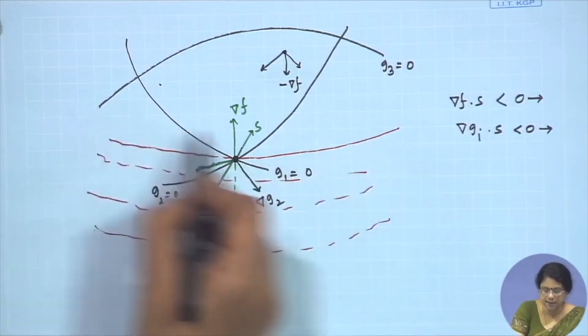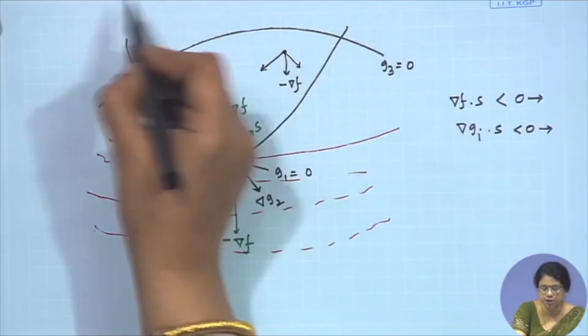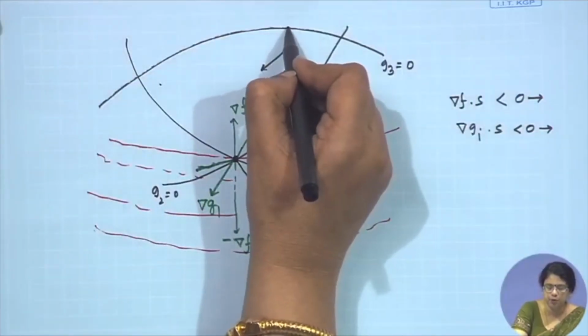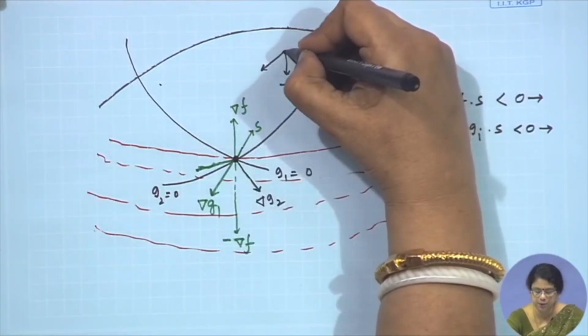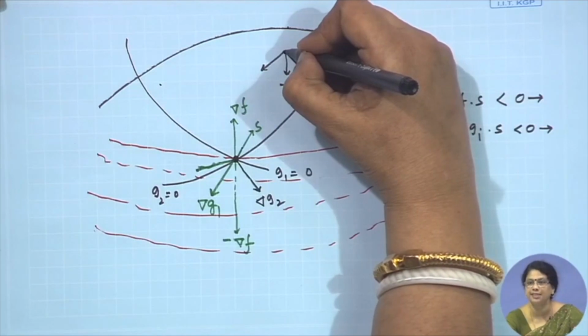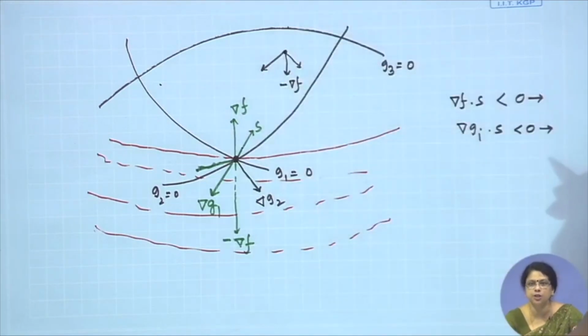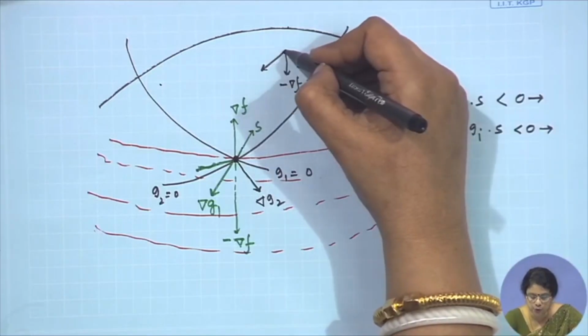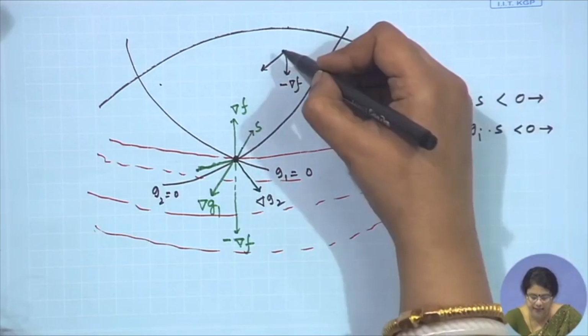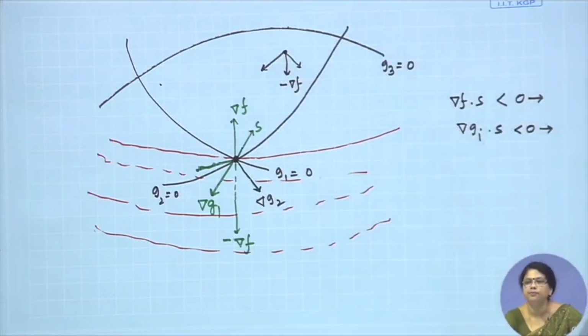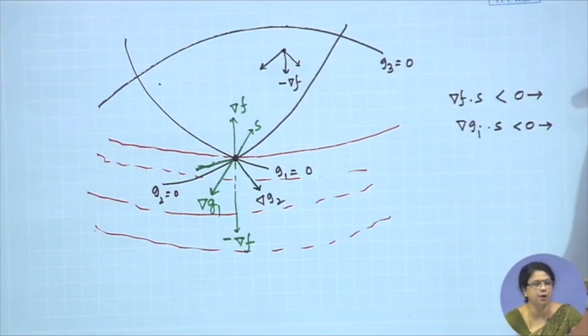If this is the level curve of the objective function, then the optimal solution must be somewhere here. That is why the method should guide me in such a way that if this point is my starting point, for a maximization problem, I should move through the ascent direction as well as the feasible direction. That is the basis of the Zoutendijk method of feasible direction.